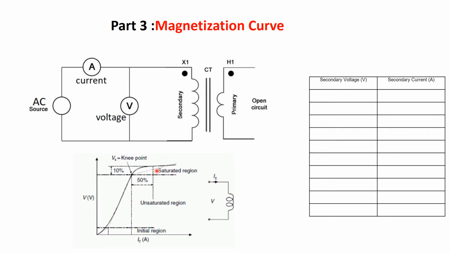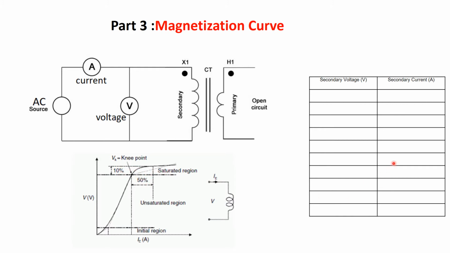Okay, and then you are going to enter what we call the saturation region. So initially the current is not changing much with the voltage, slightly changed. You can see it's almost linear. And then once we reach the knee point, a 10% change of the voltage will result in a 50% change of the current.